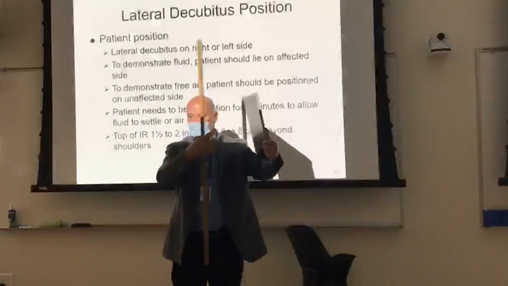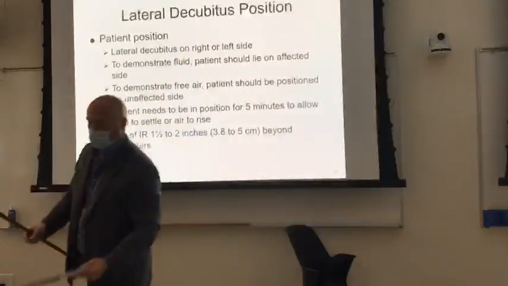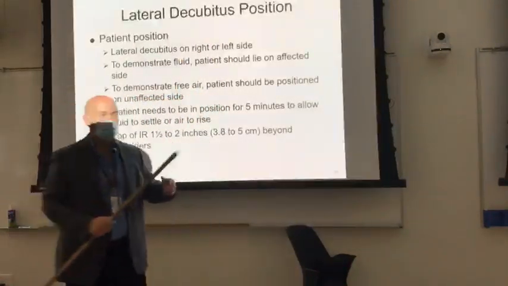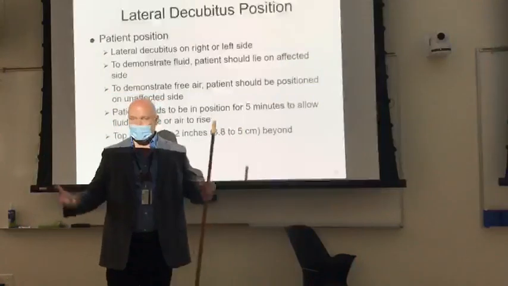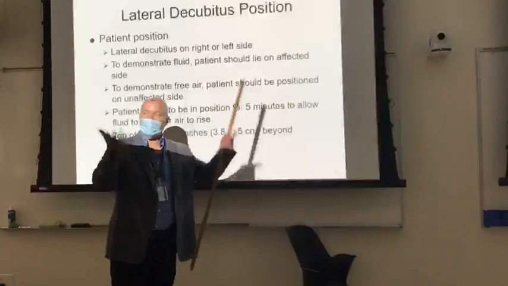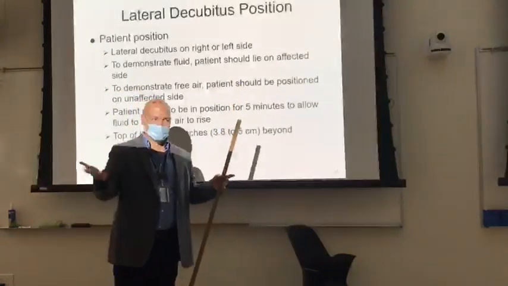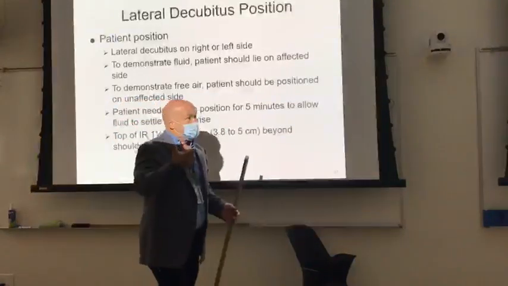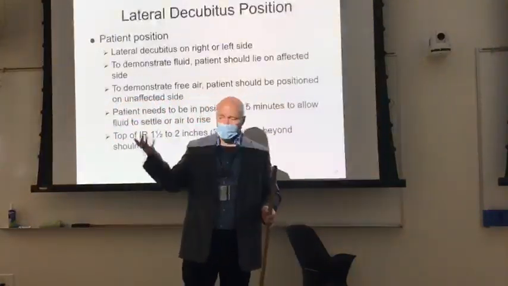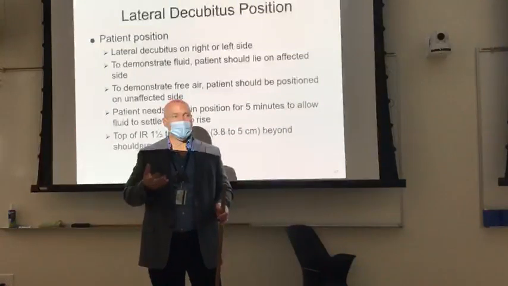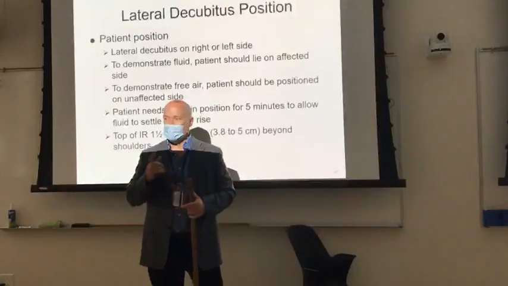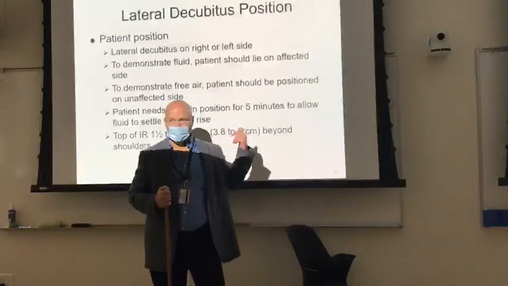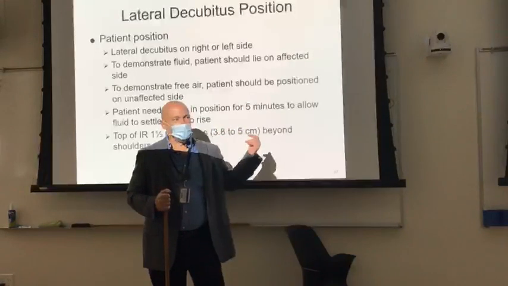So what you may have to do in order to not miss the pleural effusion is take some sheets, some blankets, and put it under the patient to elevate the patient so that you can see the pleural effusion. So you might be thinking, what if I elevate the patient too far and I miss the top side lung? Is that a problem if you're looking for a pleural effusion? Not really.